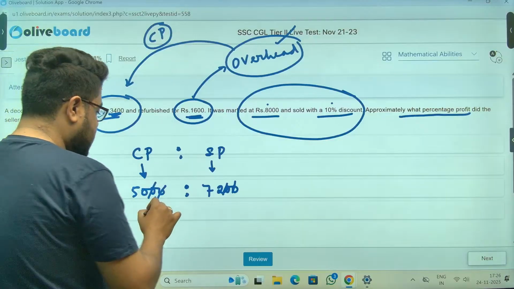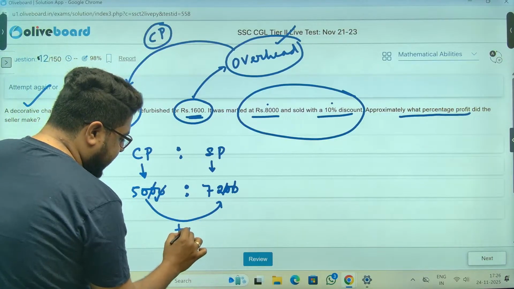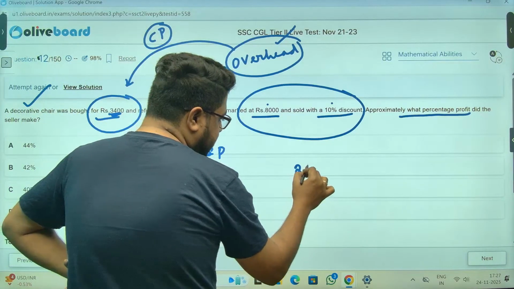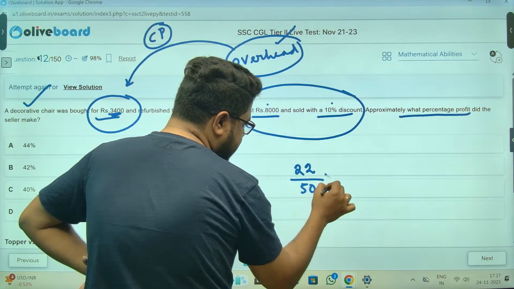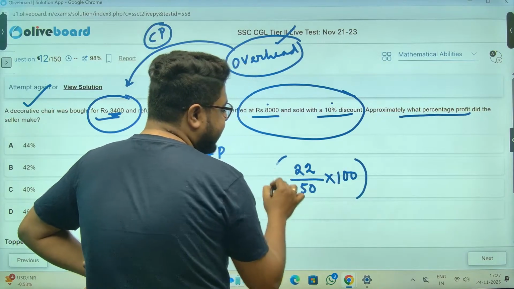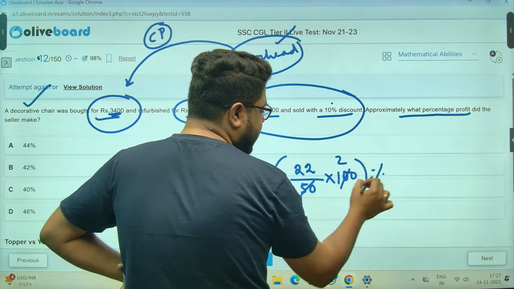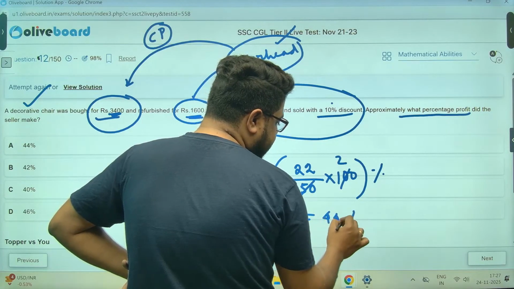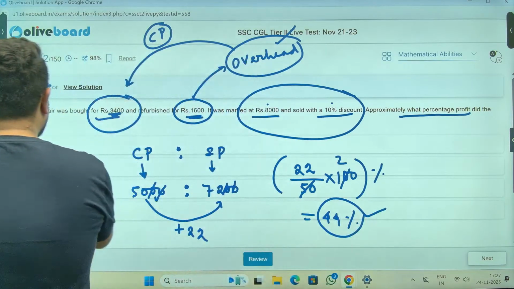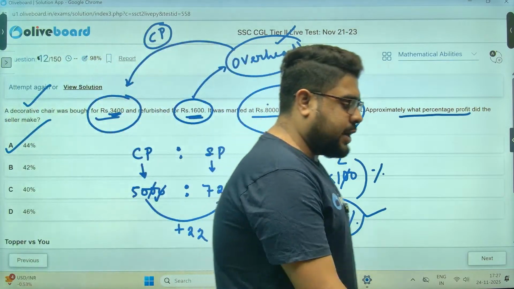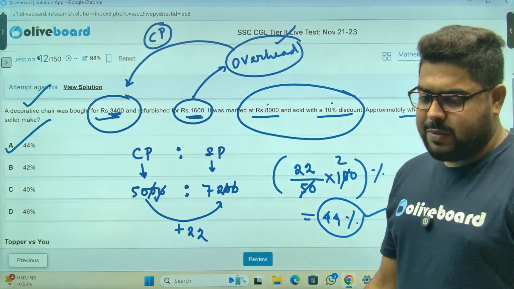Keep it like this. So how much? Profit of 22 rupees. 22 rupees profit out of 50 rupees into 100. Why? Because 50 is easier to calculate. So 44% is my correct answer, which is option A. Do not calculate. Okay, perfect.